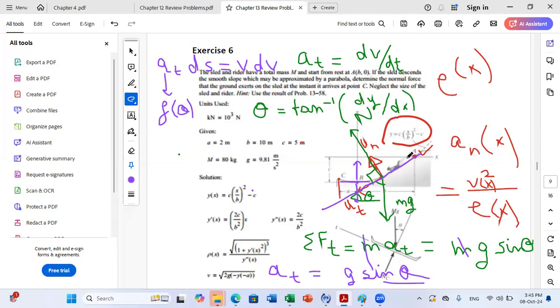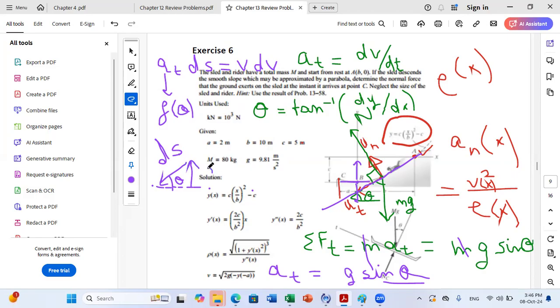If you take a small displacement ds, ds is along the tangent line. This is ds, it's along ut. And what is theta? Theta is the angle between ut and the horizontal. So this is theta, okay? And the vertical displacement is dy, okay?